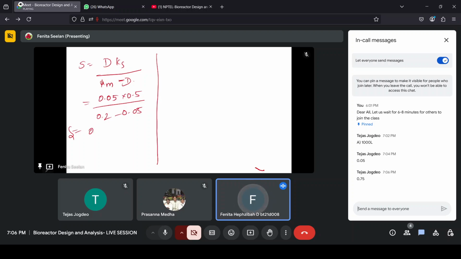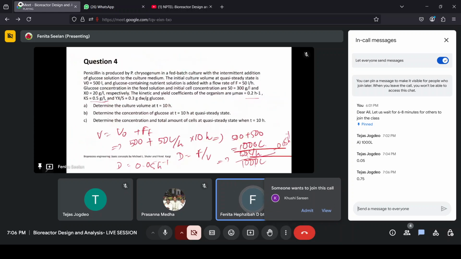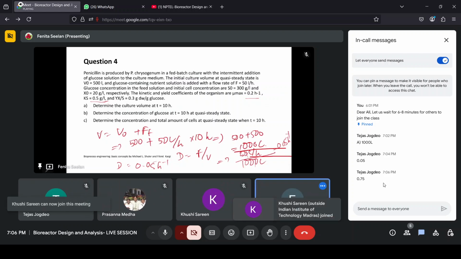So the value of S would be 1.66 gram per liter. So what else you have been asked? Okay, let me check my answer. Tejas has written 0.75. 0.5 into 0.05 is 0.025.